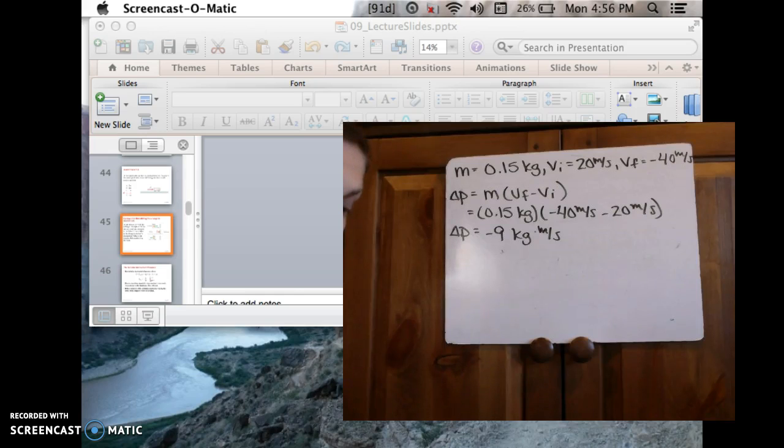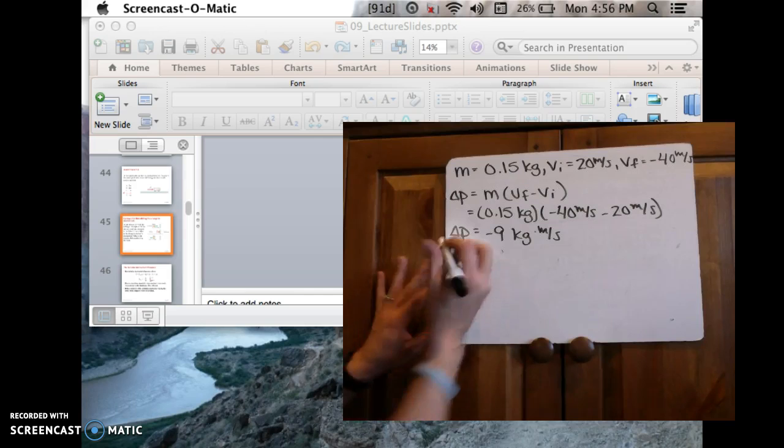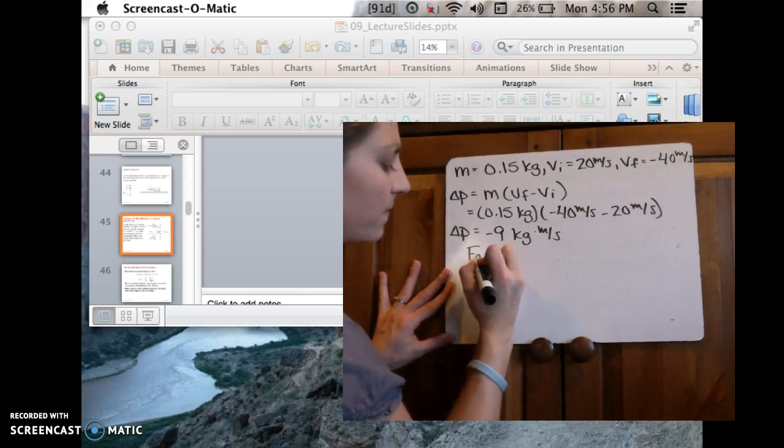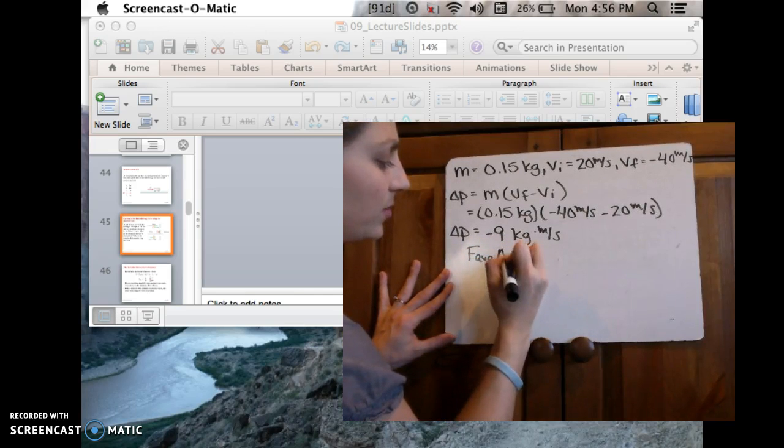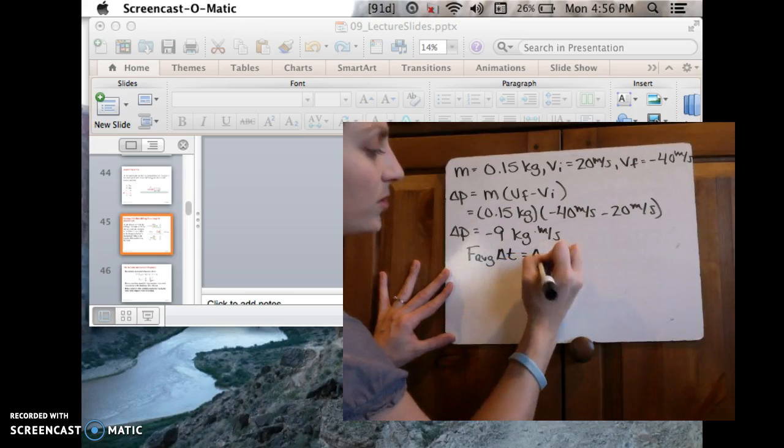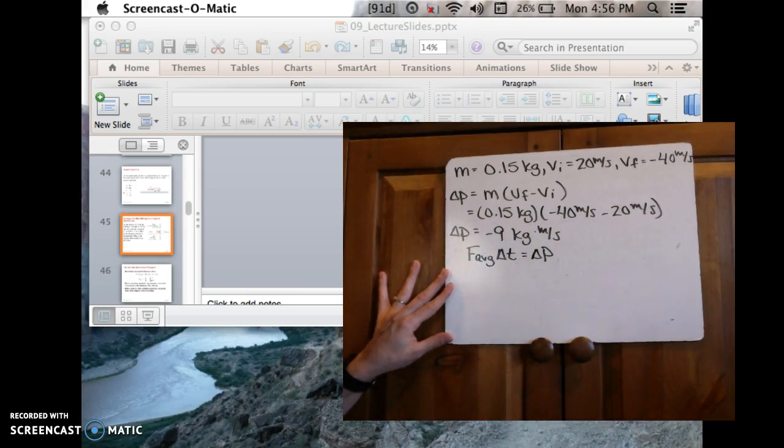Now this problem asked us to find the maximum force as well as the average force. So we know that average force, F average times change in time, is equal to our change in momentum.